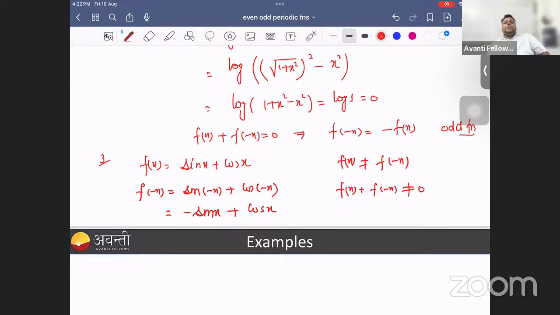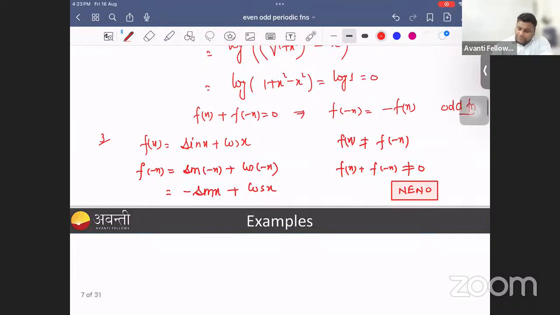What did I tell you? It is not necessary that every function has to be even or odd. Few functions come into the category of neither even nor odd, and this is one of them. This function is neither an even function nor an odd function.